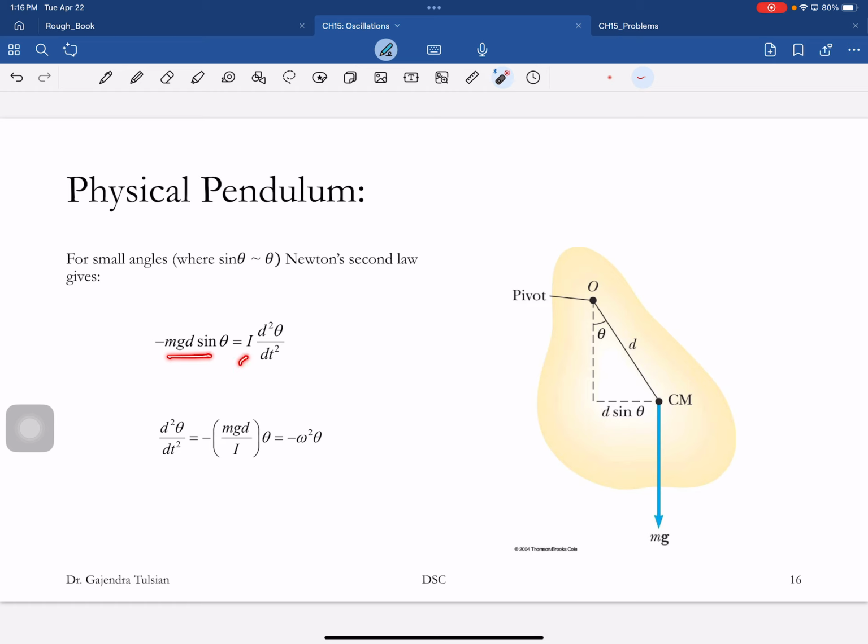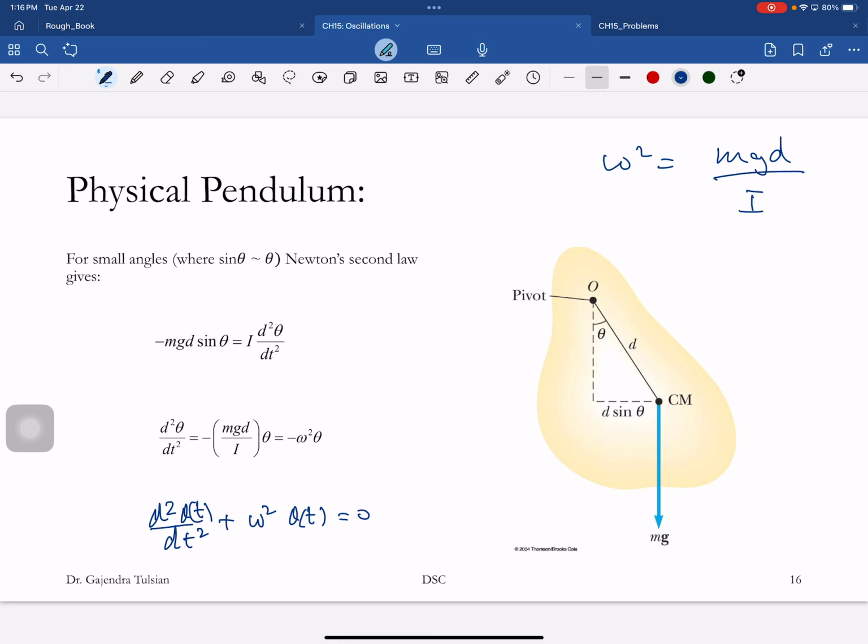And again, for small angles, sine theta is equal to theta. So you get the same differential equation, d squared theta by dt squared plus omega squared theta equals zero, where omega squared is mgd over I.